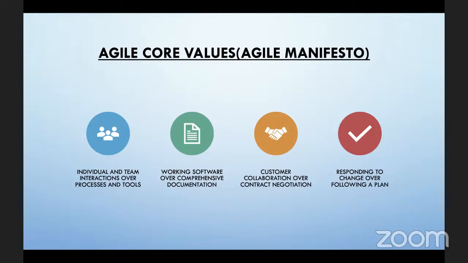Number two, working software over comprehensive documentation. You guys need some clarity, so you understand this very well. Customer collaboration over contract negotiation. Again, you need to understand this. Responding to change over following a plan, right? Again, you need to know this as well. This is the Agile Manifesto, right?